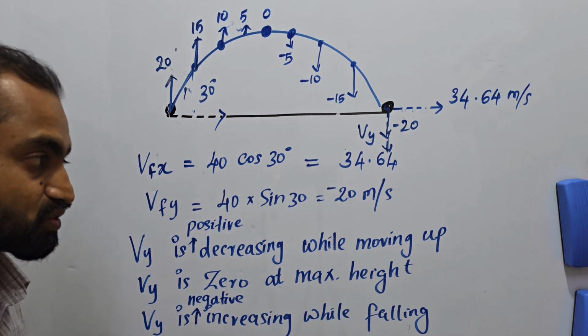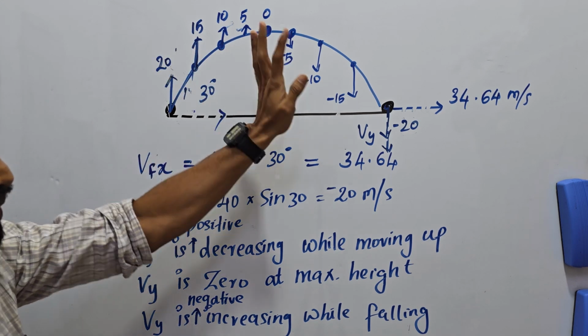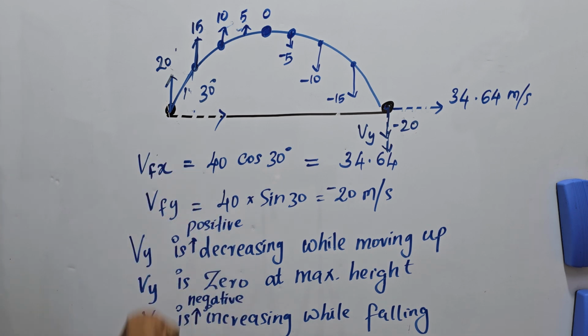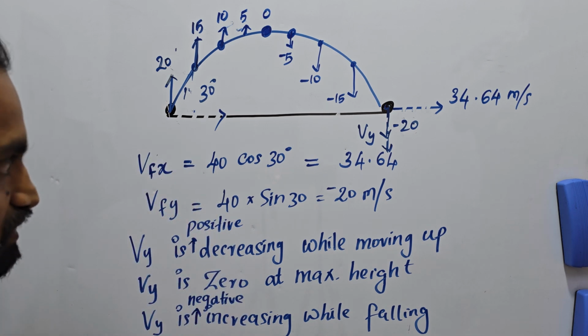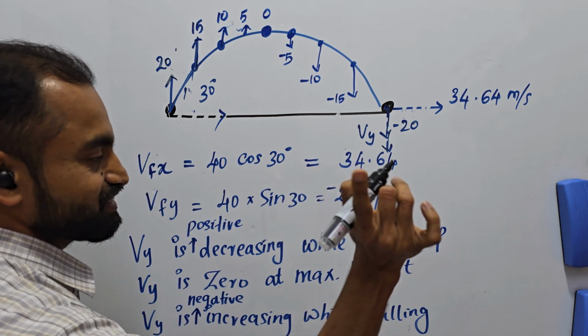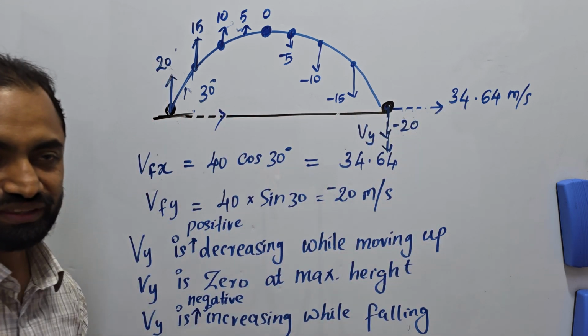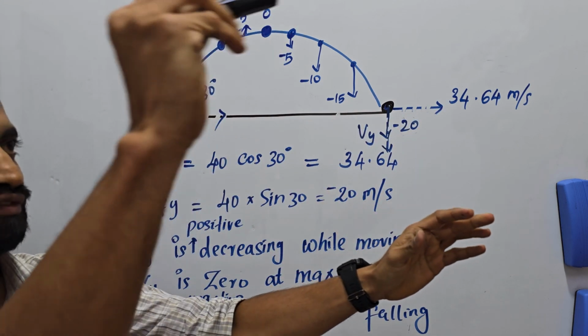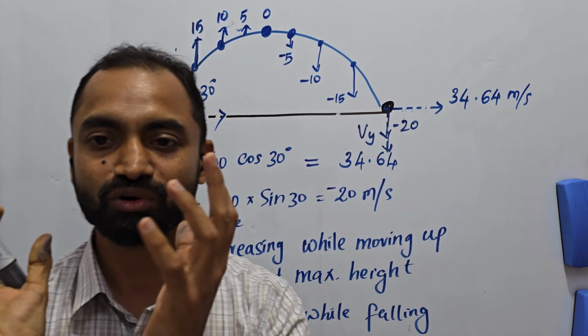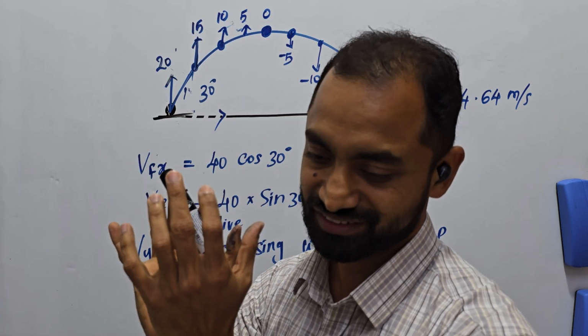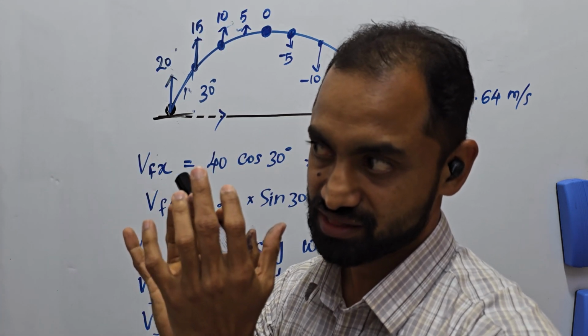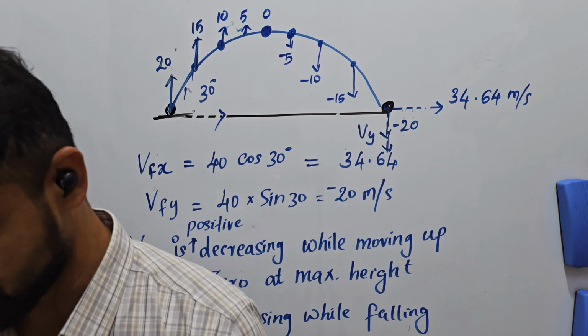Yeah, the final x component and final y component also. Yes, correct. But there is a condition given: it is at the same height. You are throwing the ball from this height and catching the ball also at the same height. That is a condition.